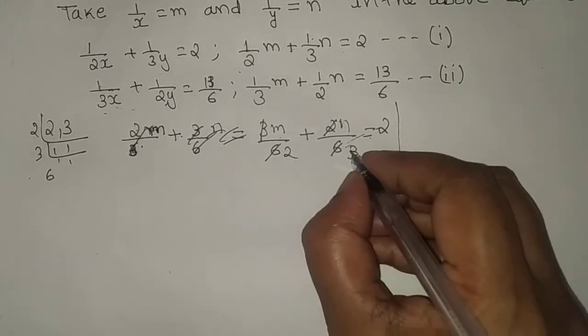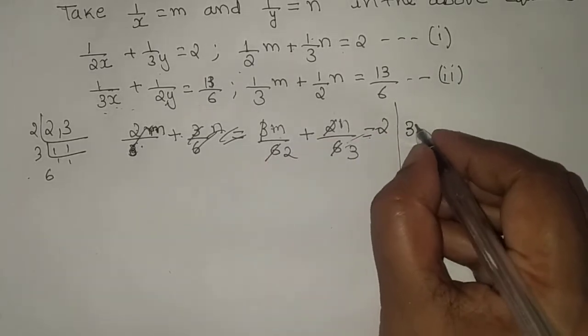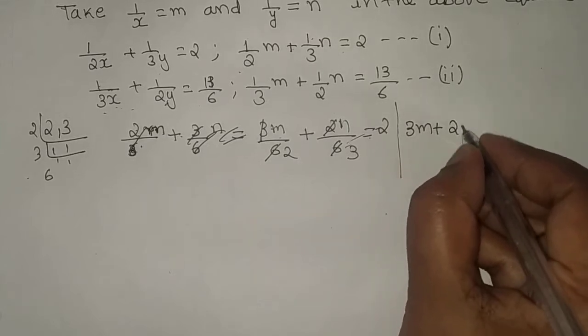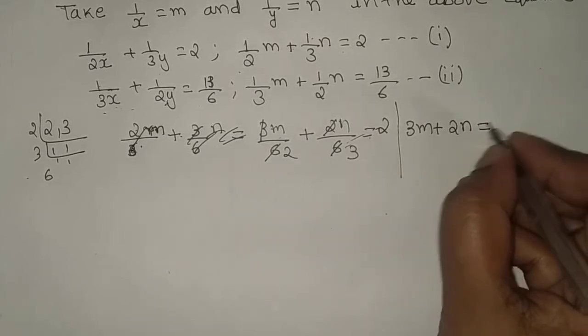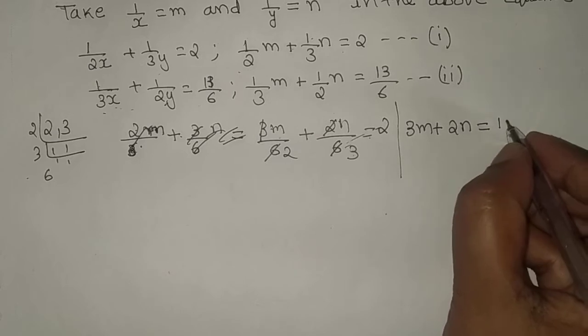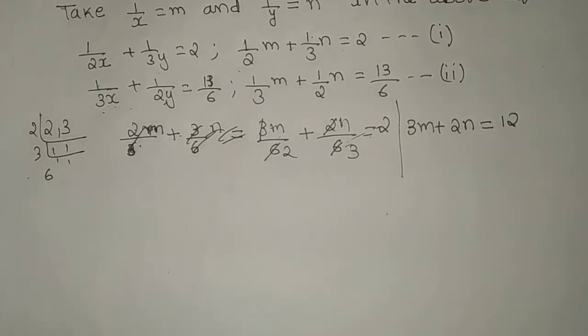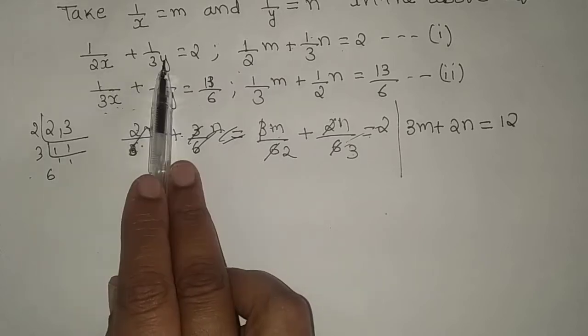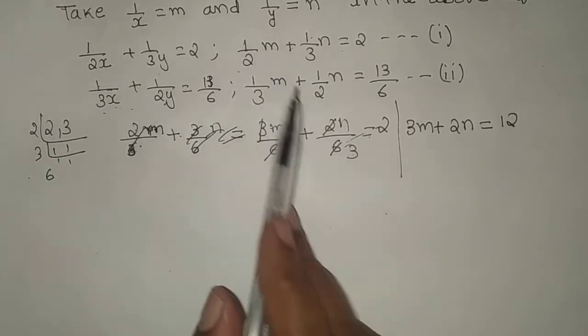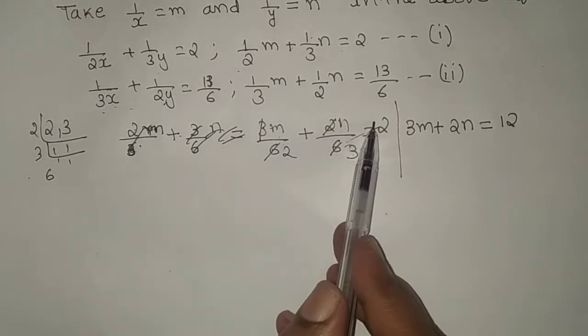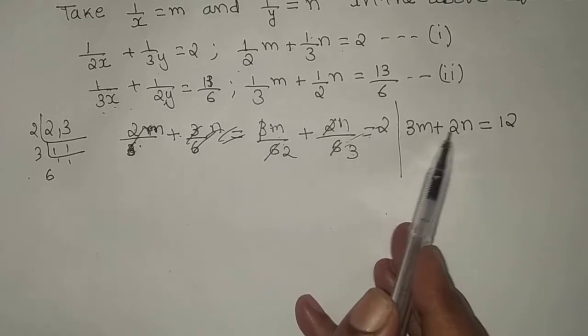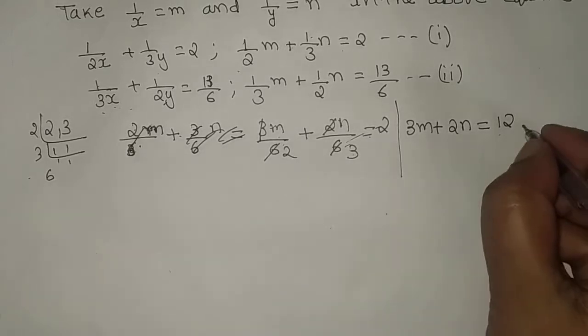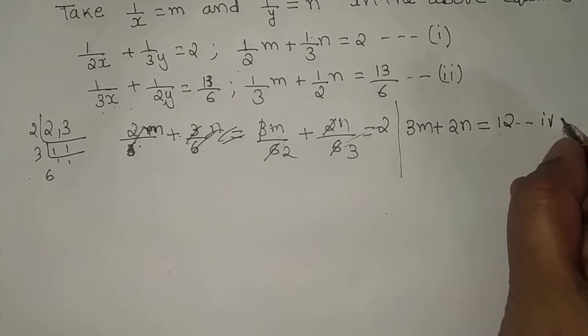Cross multiply this, we get 3m plus 2n is equal to 2 into 6, which is 12. I'll once again explain: take the LCM of this equation, and after simplifying we get this form, 3m plus 2n is equal to 12. Name this as equation 3.